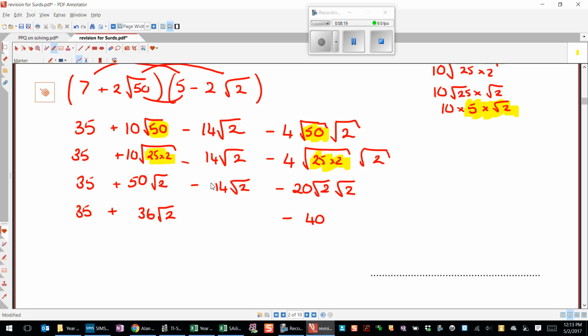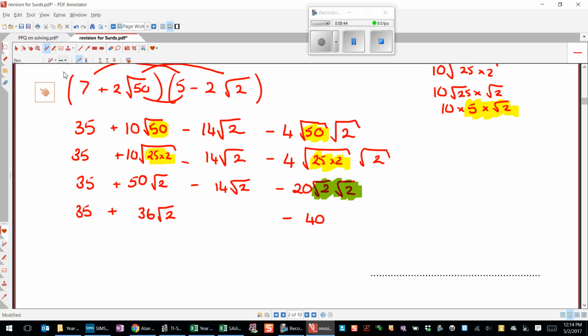Now, root 2 times root 2 is 2. So 20 times 2 is 40. So 50 minus 14 root 2 is 36 root 2s.